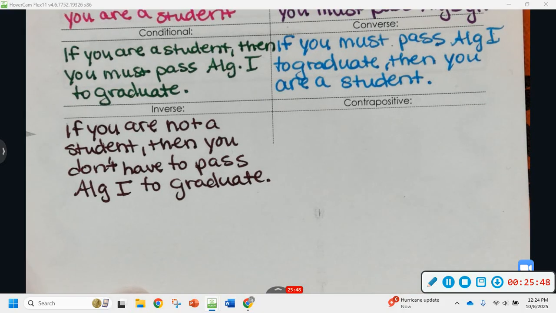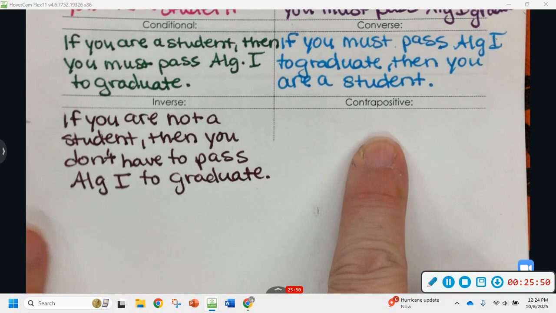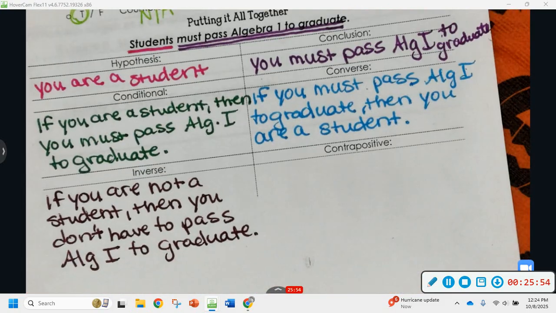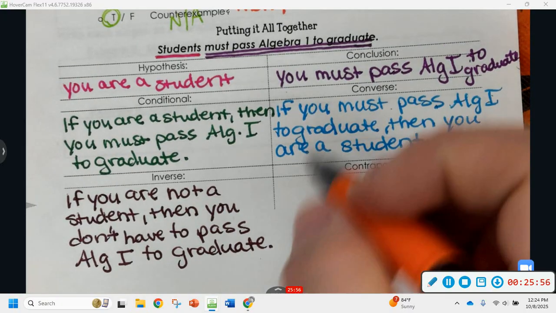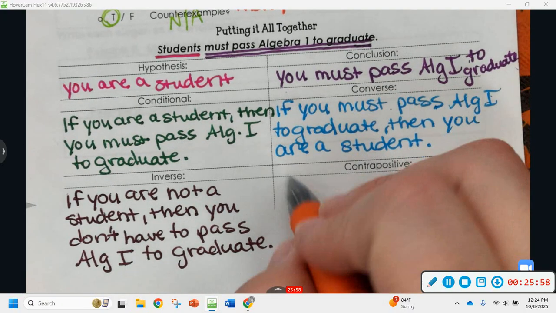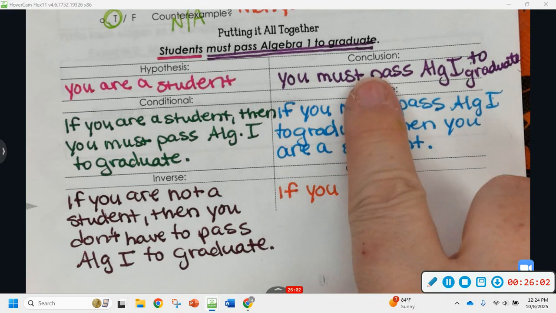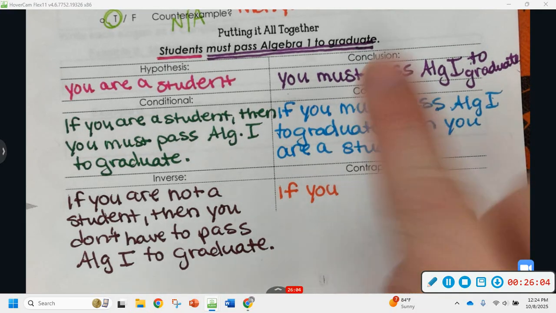And our last one is the contrapositive. Contrapositive is switching and negating. So you're doing both of those things. Starting over here, if we take the inverse, we take the opposite.